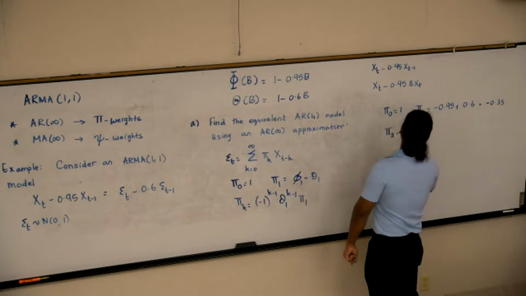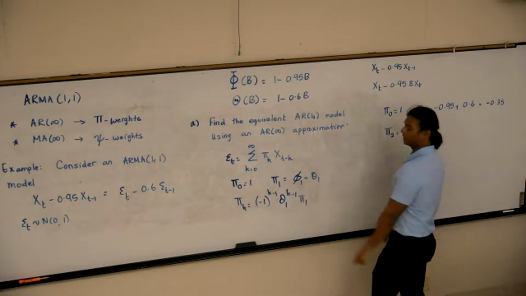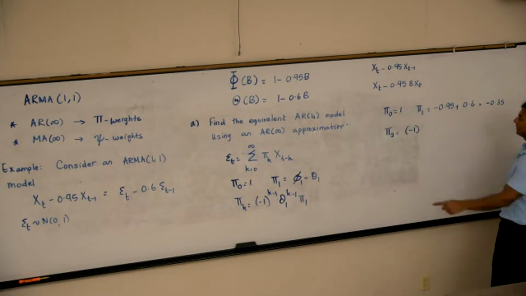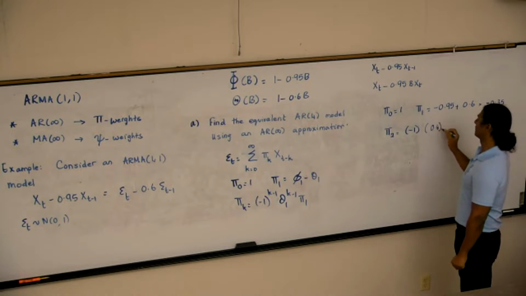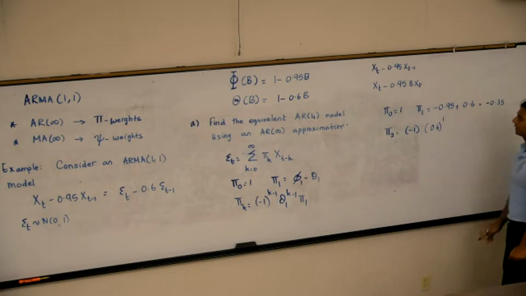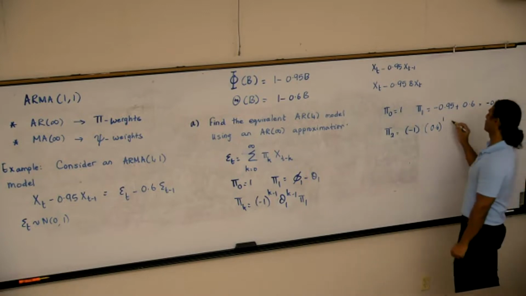Pi 2 is minus 1 raised to 2 minus 1, which is 1, so minus 1. Theta 1 raised k minus 1. Theta 1 is 0.6, raised to 2 minus 1, which is 1. Multiplied by negative 0.35.